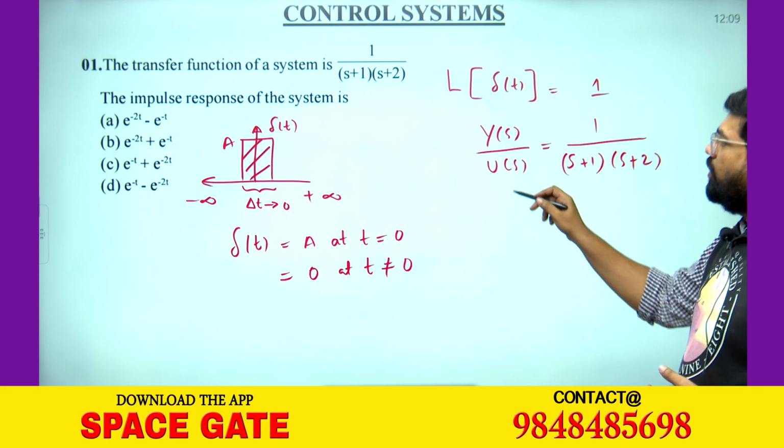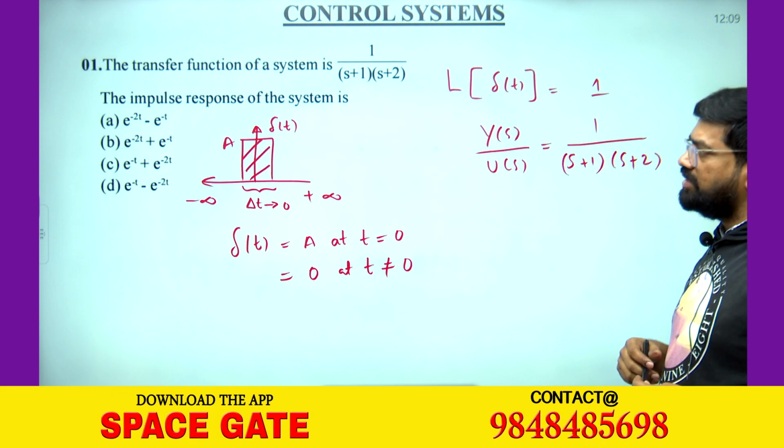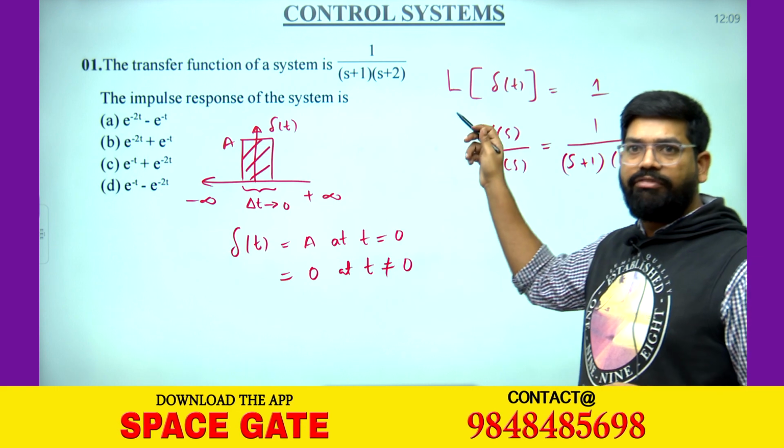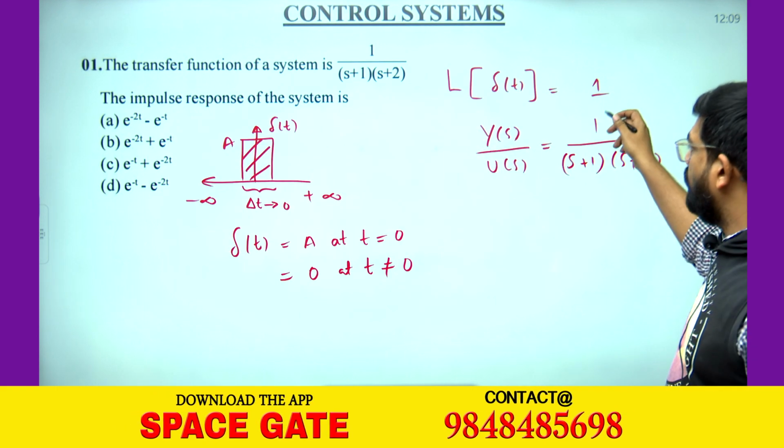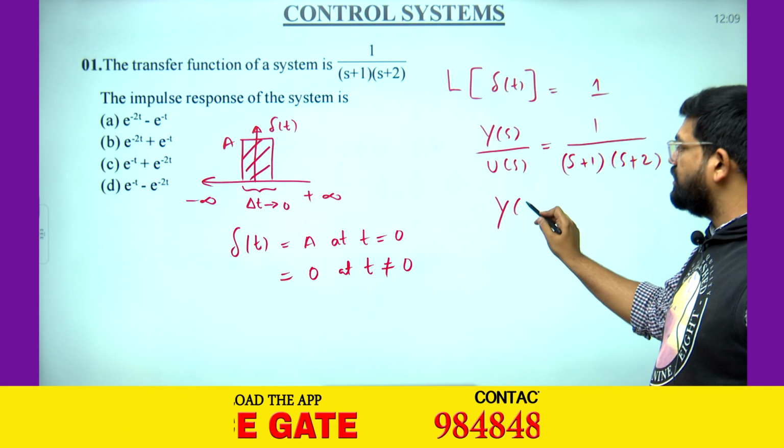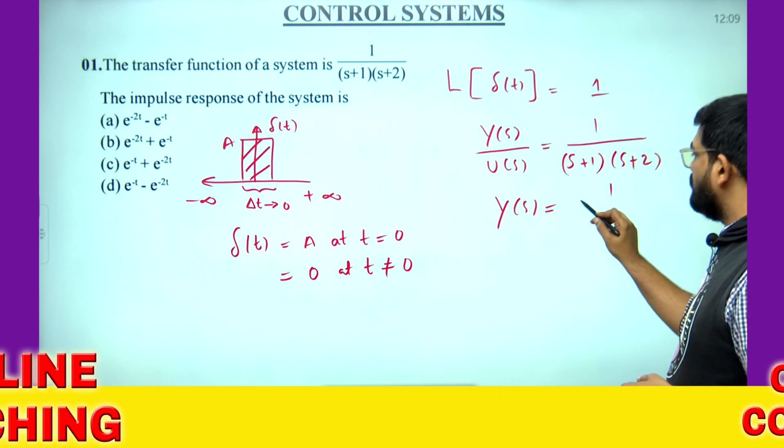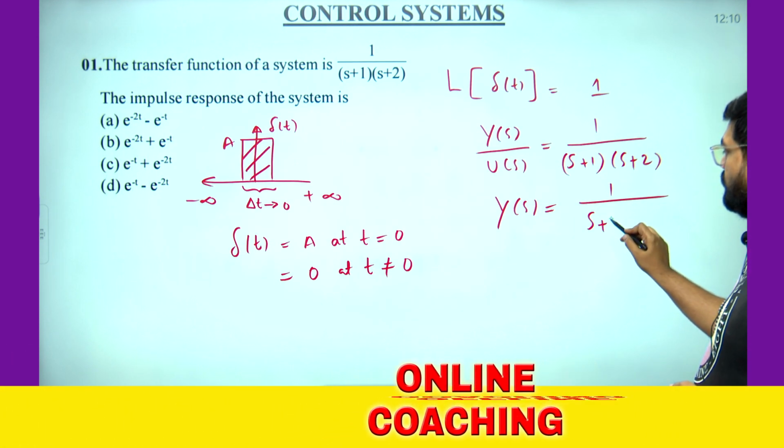So Y of s, the impulse response, becomes 1 by (s plus 1)(s plus 2).